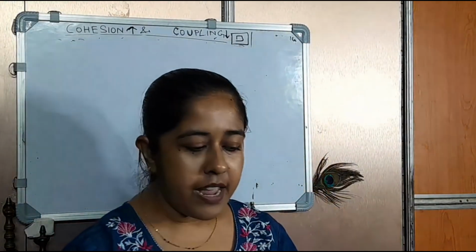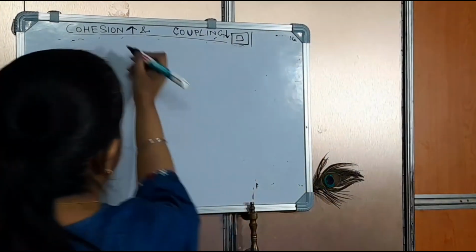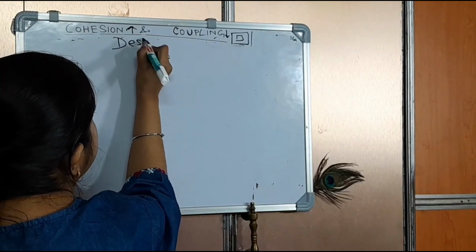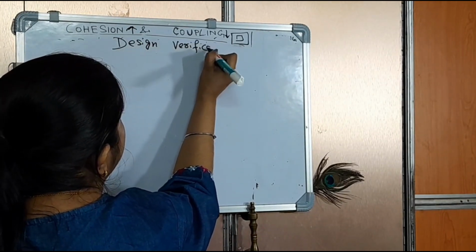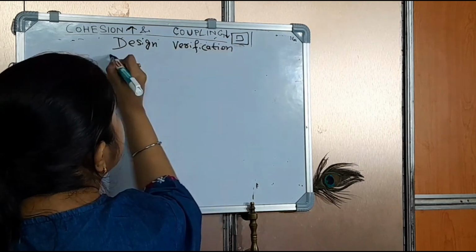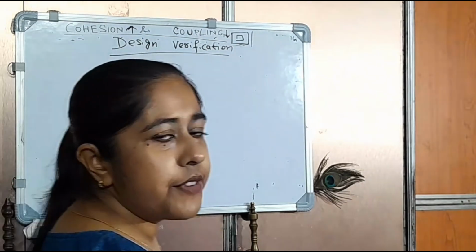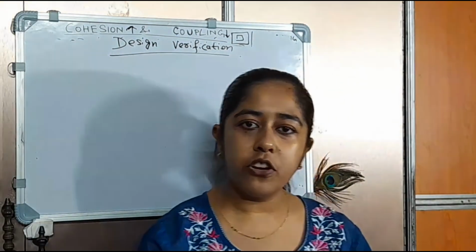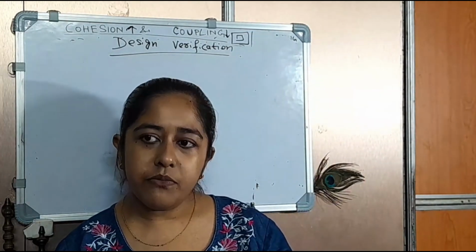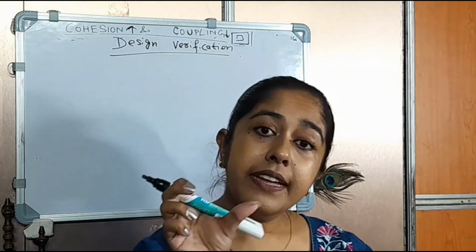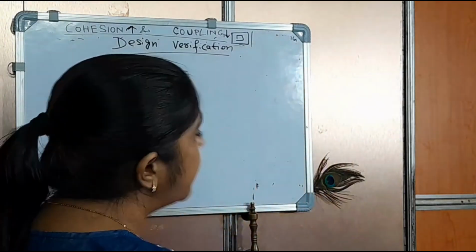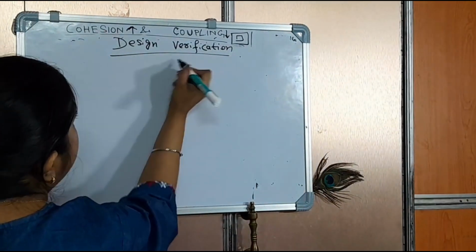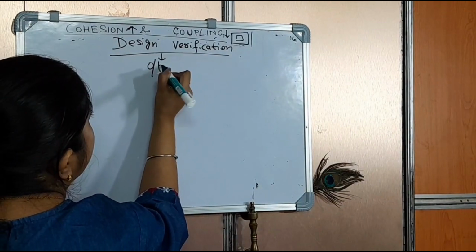Now we have to see how we can verify our design. How can you verify whether your program is correct or not? To check anything, we have to see the output of the particular thing. Here also, we will verify this by the output of the design.